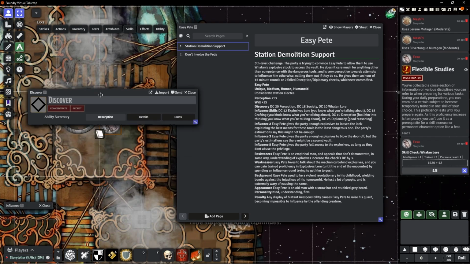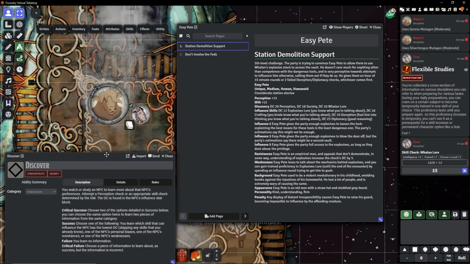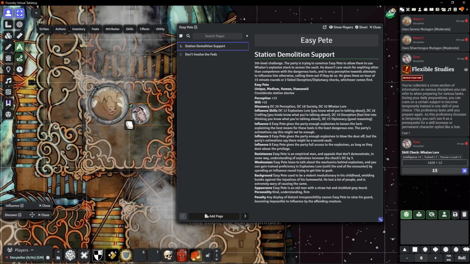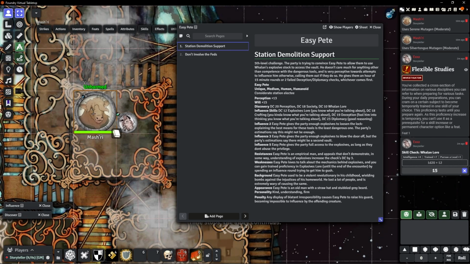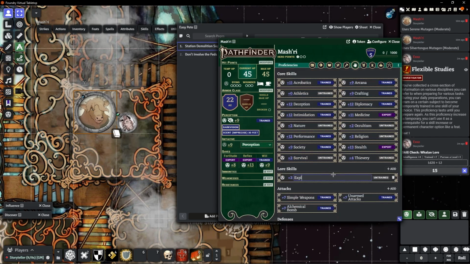Exxa is going to go out on a limb and say that explosives lore, whenever a lore is listed, is probably going to be the lowest, and we'll use the question asking about weaknesses. Discovering that Easy Pete loves to talk about the mechanics behind explosives, Mashri will spend his round on this first round here learning explosive lore, up to trained.